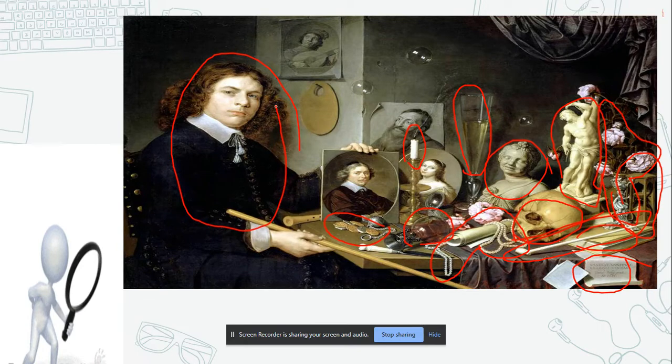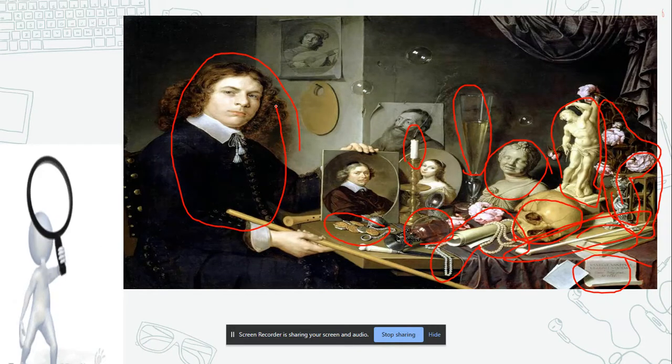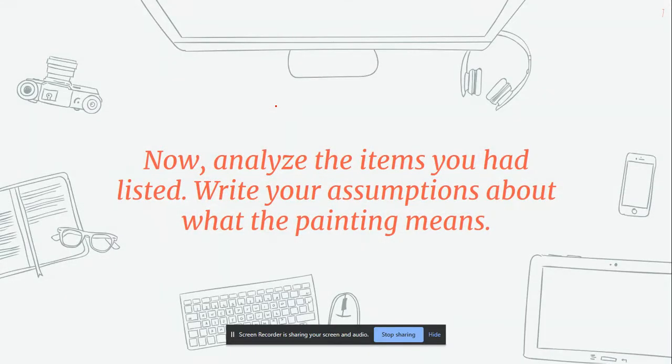Now analyze the items you had listed. Write your assumptions about what the painting means. The Vanitas painting contains collections of objects symbolic of the inevitability of death and the transience and vanity of earthly achievements and pleasures.